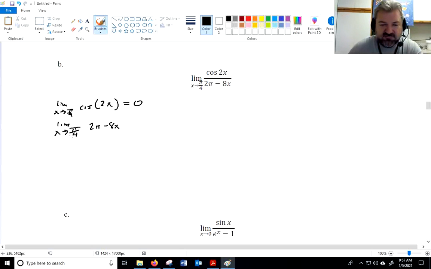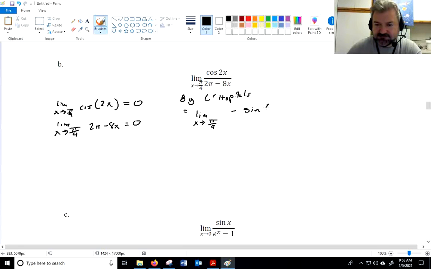Well, 8 divided by 4 is 2, so that's 2 pi minus 2 pi. That's also 0. So we can then apply L'Hopital's rule. Simply take the derivative of the numerator, which is a negative sine 2x, times the chain rule would be a 2. So we put a 2 there. And the denominator just becomes a negative 8.